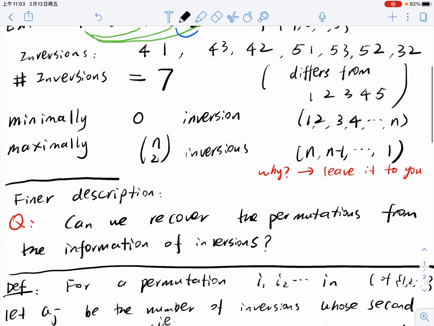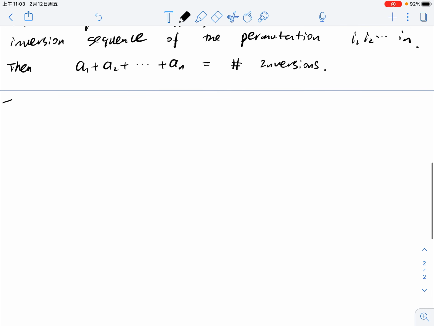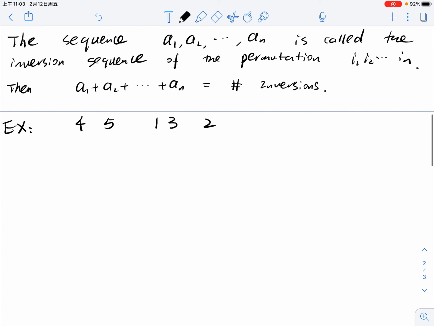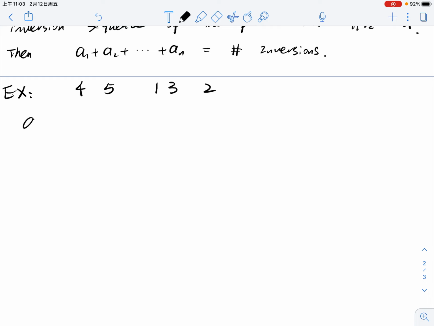Okay, so let's look back to the previous example, 4, 5, 1, 3, 2. What is A1? A1 is the number of integers that precede 1 and are greater than 1. Since 4, 5 precede 1 and 4, 5 are greater than 1, this is 2.